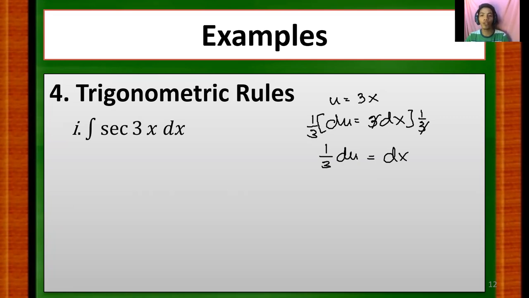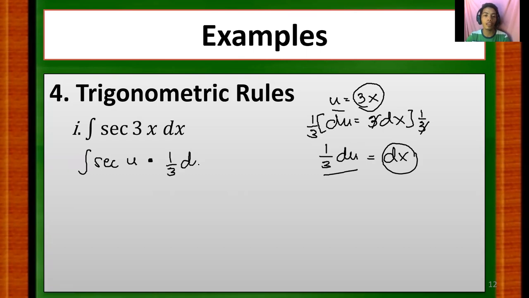Now, yung 3x papalitan natin ng u at ang dx ay papalitan natin ng 1/3 du. So I will have the integral of secant u multiplied by 1/3 du. Okay? So after that, yung 1/3 natin, ilalabas lang natin. So magkakaroon tayo ng 1/3 integral of secant u du.